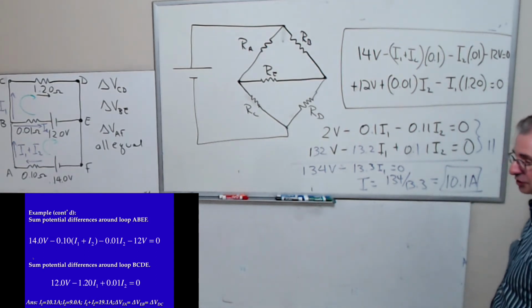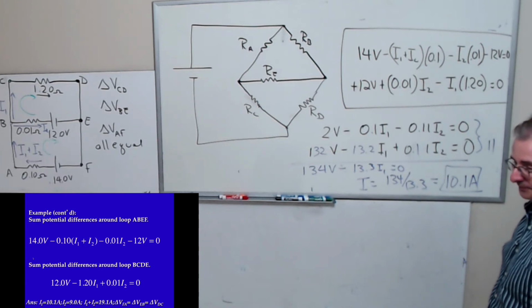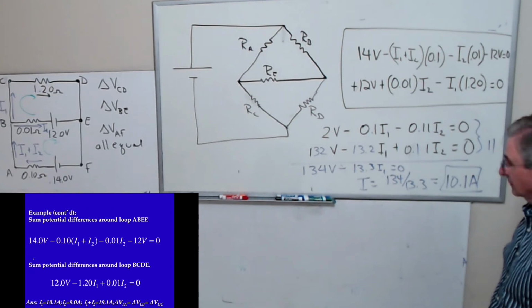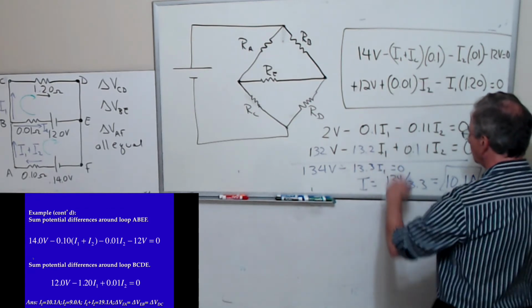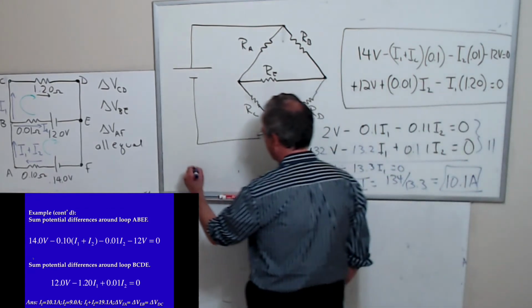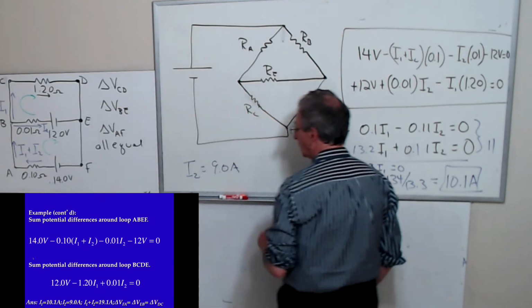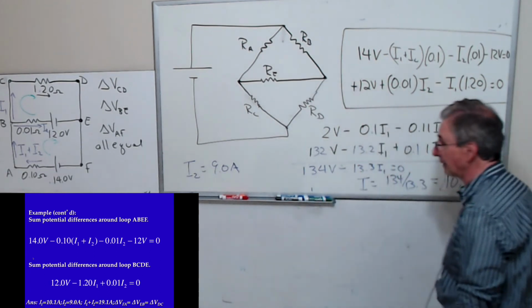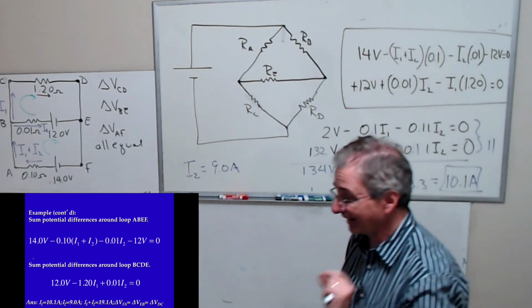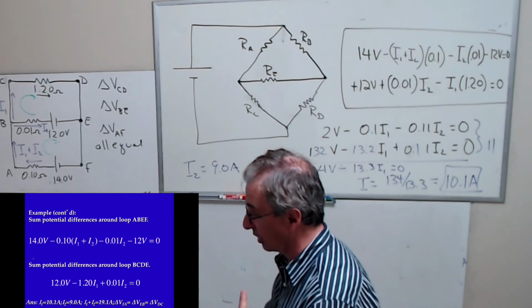So how do I find I2? Plug it back into the equation. Yeah, I just plug it into one of the other equations. I'll let you do that. So I2 is 9.0 amps. And then I1 plus I2 is 19.1 amps. So the directions I guessed for the currents were correct.